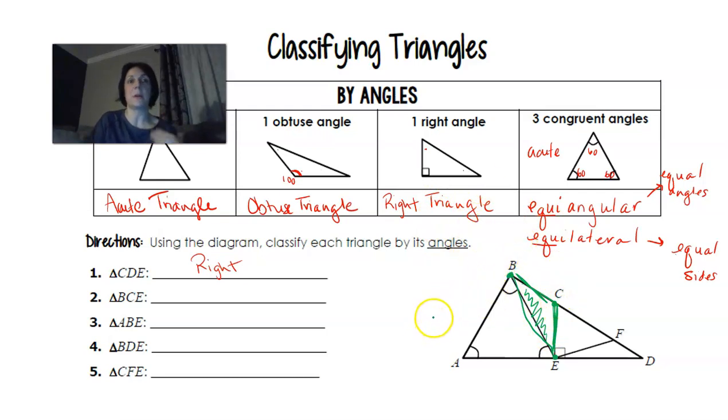Do you see any angles that are bigger than 90? Let's look at them individually. This guy looks small. This guy looks small. This guy, not so much. That's not an acute angle. That's bigger than 90, right? So one obtuse angle does it for us. That has to be an obtuse triangle.